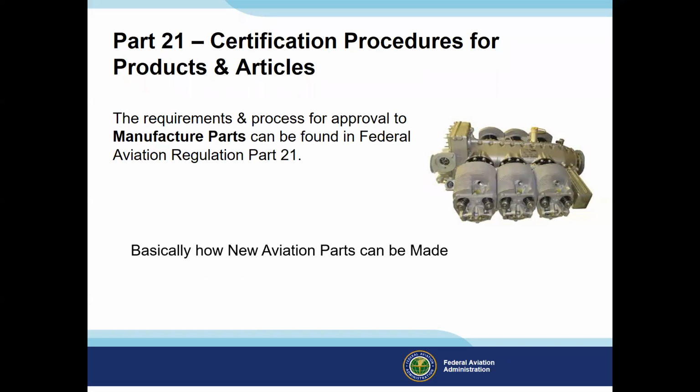Other parts, such as standard parts, are generally marked in accordance with an established industry, U.S. government or international specification. But watch out for parts that are not properly marked. This could be an indication that it's an unairworthy part. So basically, Part 21 tells you how new aviation parts can be made.